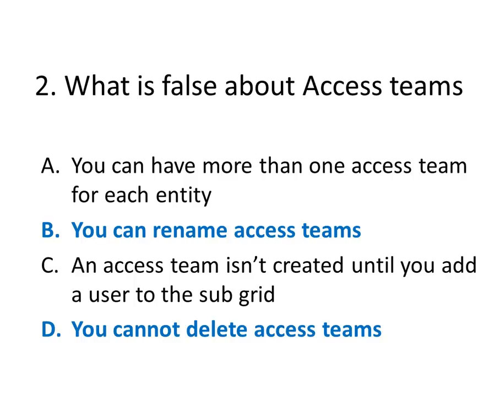No, you can't. And they have very weird GUID names. And you cannot delete an access team. You cannot manually delete it. You can delete the subgrid. Oh, is that true? You can't delete one as you would a normal team.